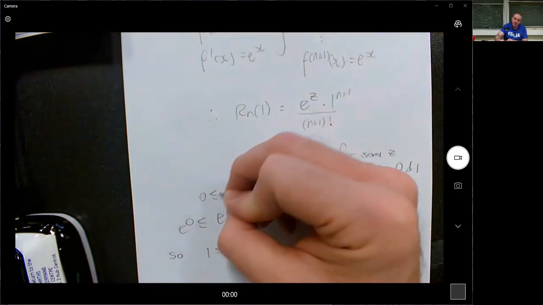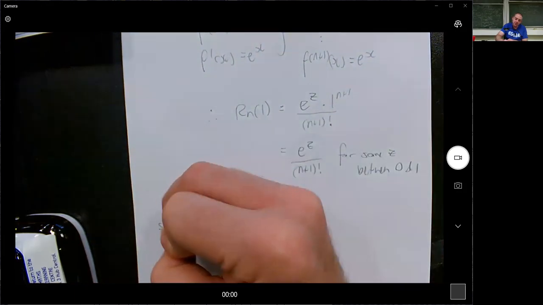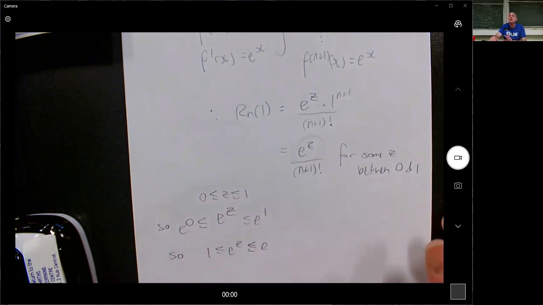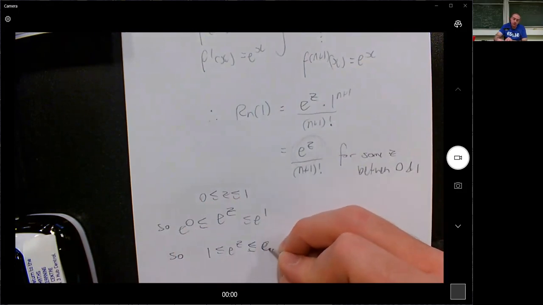I'm just going to pop that in. Z is between 0 and 1. So that. Now, when you do a function on all three parts of an inequality, it doesn't always stay with the arrows pointing the same way, but it does for e because it's an increasing function. So that's okay.